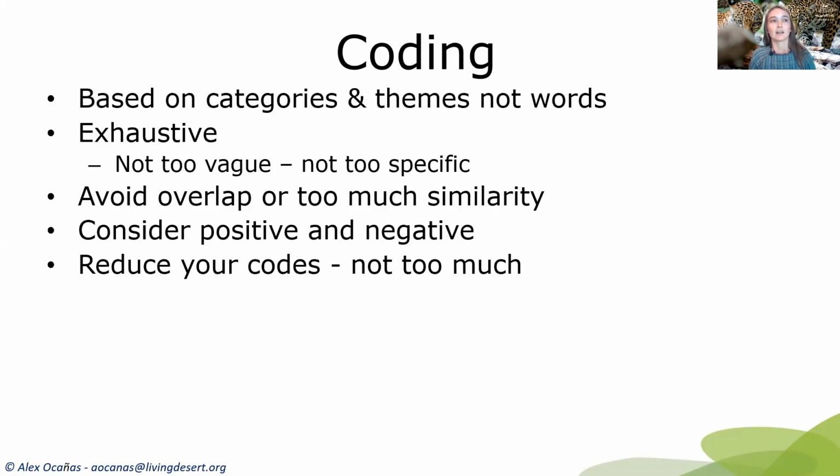It is. But there's a certain point where it's just too much to handle. But hopefully if you've reduced your overlap and made sure that your codes are not too specific and they're appropriately broad, then you're able to reduce it to the point where you can actually handle those and process them in a way that is manageable.